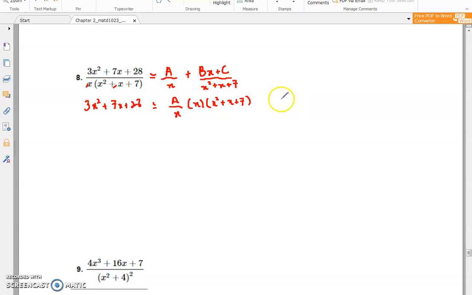And here we have another fraction, so again there's another multiplication that we need to do. So we are going to get x squared plus x plus 7 multiplied by, you can put a bracket for each of the factors that we have, x multiplied by x squared plus x plus 7.